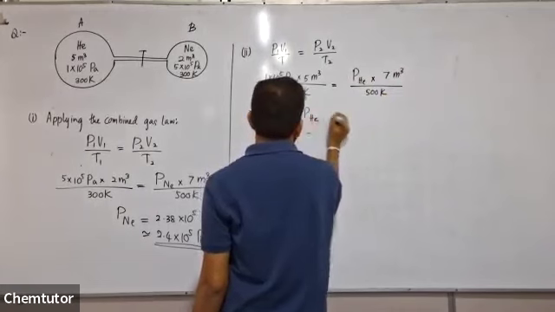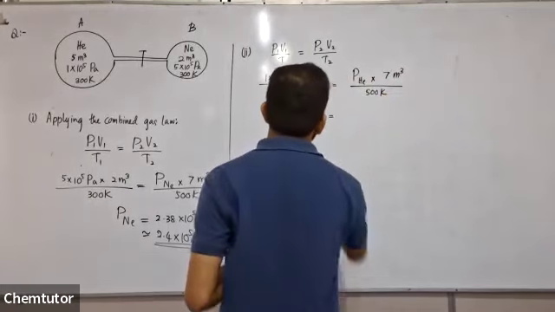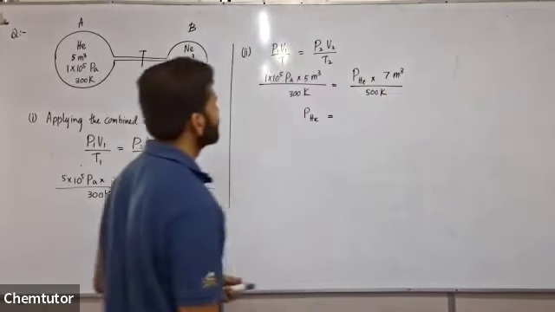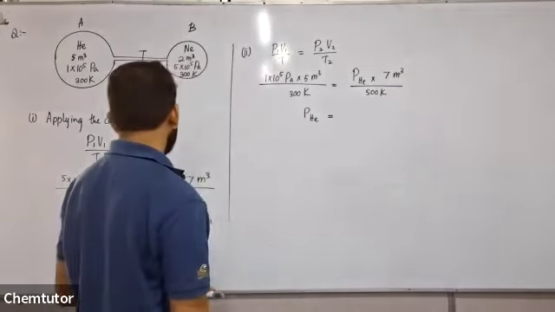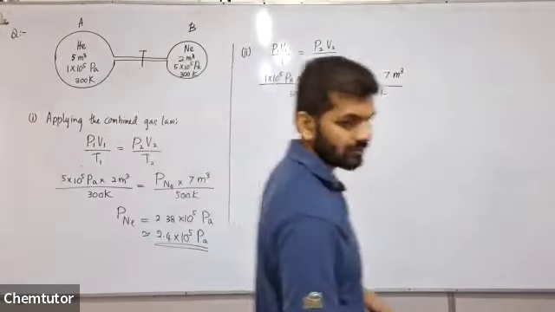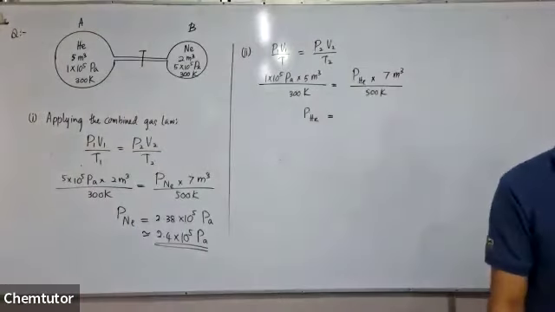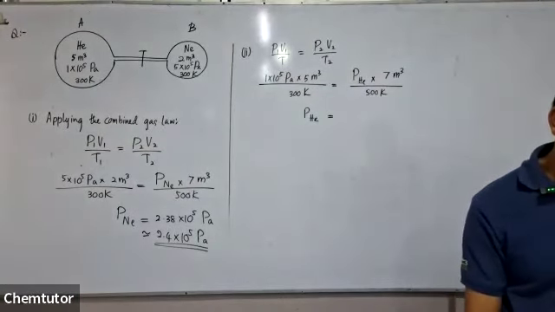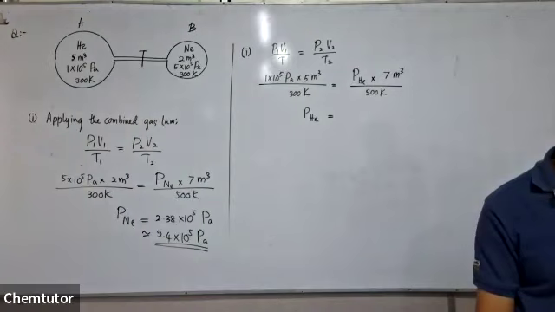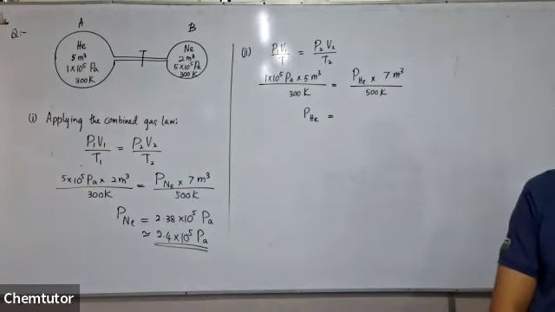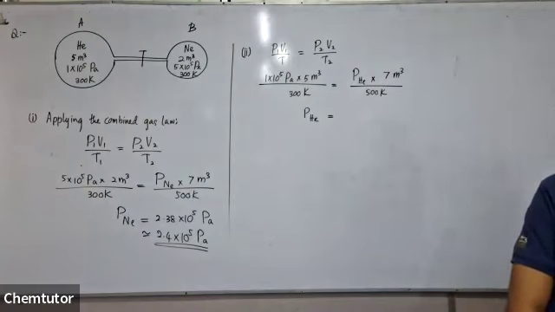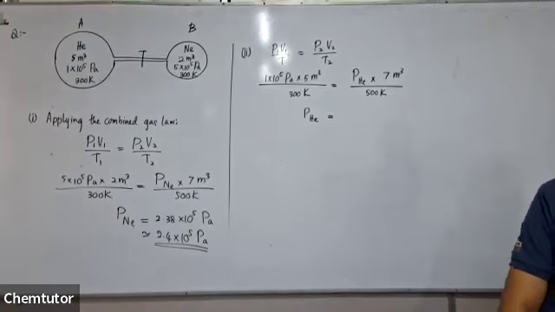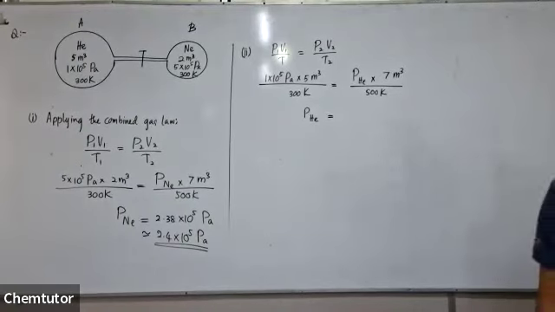Then we need to find out the pressure of helium. That is 1.2 into 10 to the power 5 Pascals.